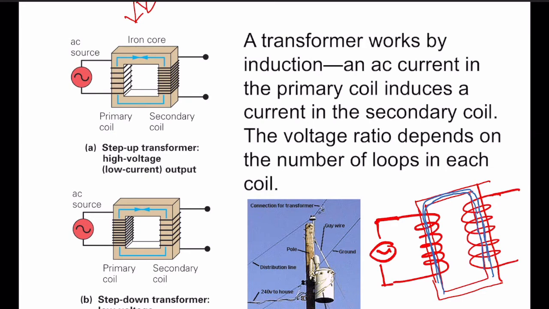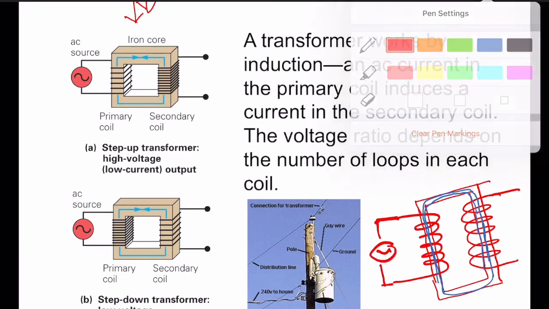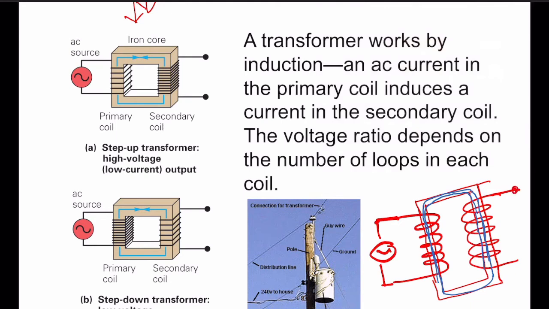Okay? In an ideal transformer, both these solenoids see exactly the same magnetic field lines. All of them pass through both the solenoids. Okay, so this is basically what a transformer is, and the ends of the secondary coil are connected to the output.